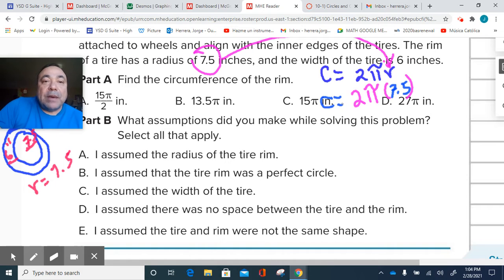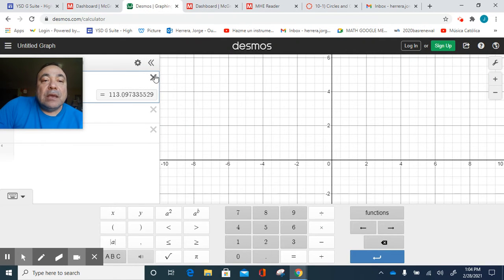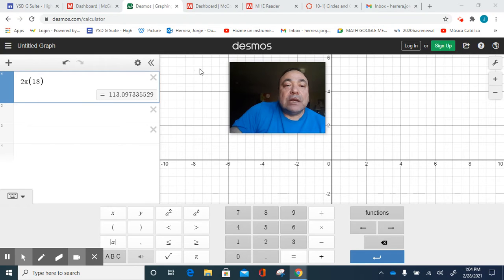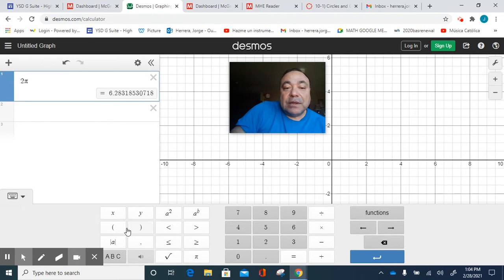And we go back and we can use the calculator, guys, which is really cool. I'm going to clear that out. So it's 2 pi. I'm going to put 2 here, and then the pi, which is right here. Can you see it? Then I'm going to open the parentheses. I don't even have to open the parentheses, guys, if I did not want to.